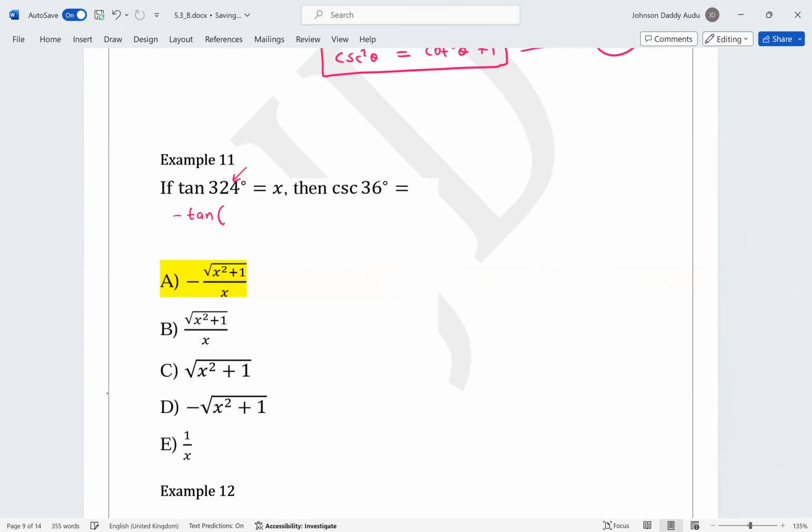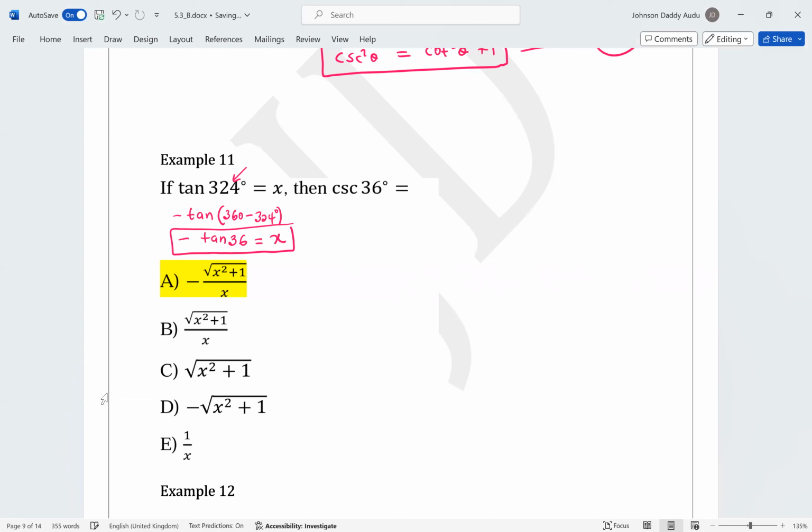And now we have to find the reference angle. This will be 360 minus 324. So it's going to be minus tan of 360 minus 324, which is tan of 36. So minus tan of 36 is equal to x.